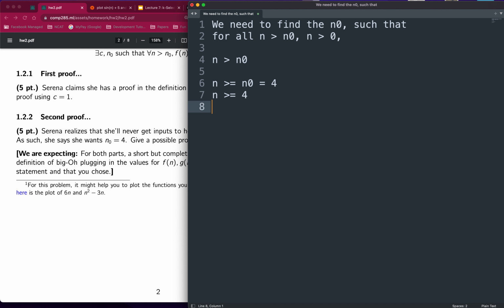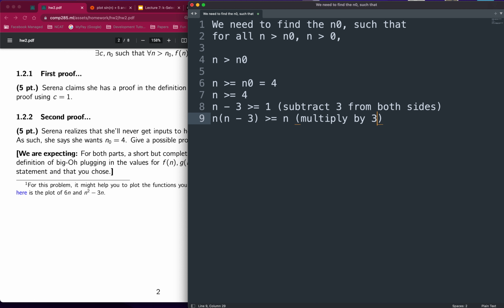If we subtract 3 from both sides, we get that n minus 3 is bigger than or equal to 1. If we then multiply by n, we get that n times n minus 3 is bigger than or equal to n. So this is multiplying by n on both sides, which if we simplify becomes n squared minus 3n is bigger than or equal to n.